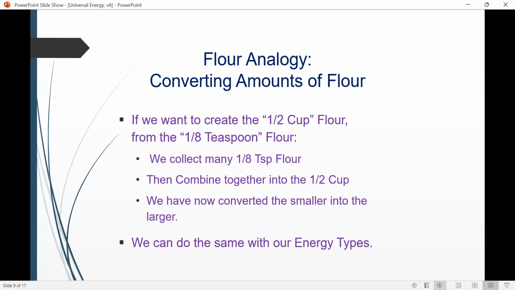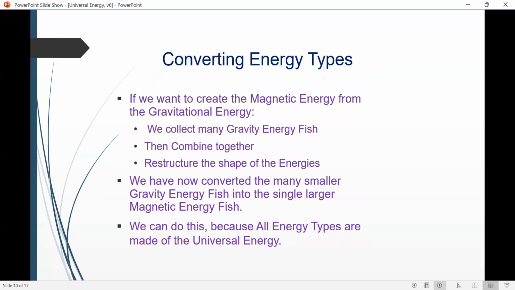We can do the same thing with our energy types. So for example, if we want to create magnetic energy from gravitational energy, we take all this gravitational energy, like those tiny little 1/8 teaspoons we had on our kitchen table, and put this whole pile together into a half cup.